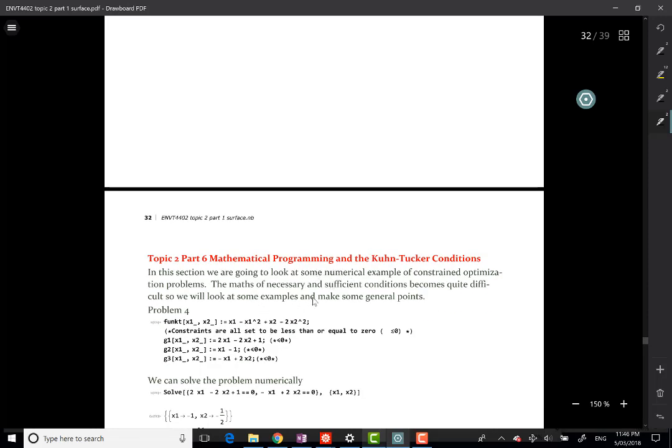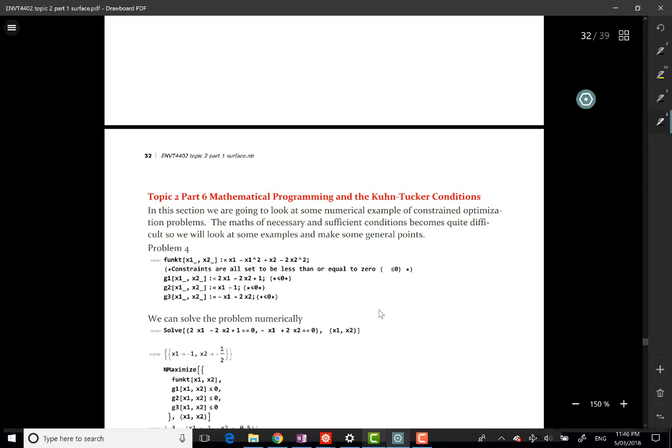Kuhn-Tucker conditions. Okay, so things get a bit more complicated again. Now, what we're looking at here is a maximization problem where we've got this function here, which is relatively straightforward. It's just a polynomial, and then we've got some constraint functions here.